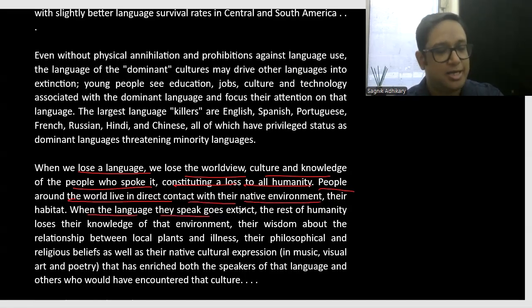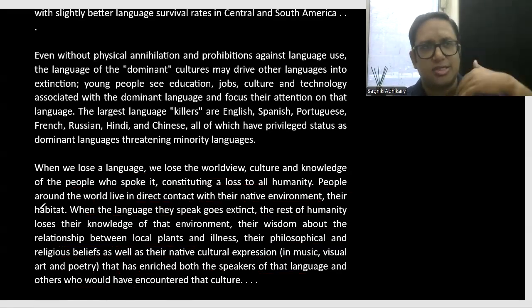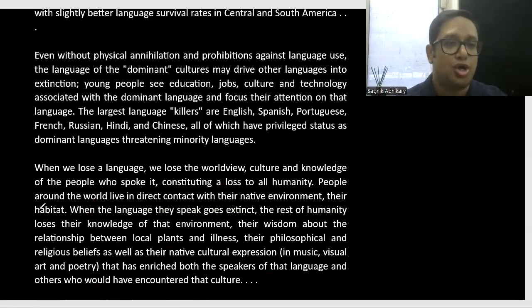When the language they speak goes extinct, the rest of humanity loses their knowledge of that environment, their wisdom about the relationship between local plants' illnesses, their philosophical and religious beliefs, as well as their native cultural expression in music, visual art, and poetry that has enriched both the speakers of that language and others who would have encountered that culture. So some part of this culture, something which is put into words by that language, is also lost when a language becomes extinct.